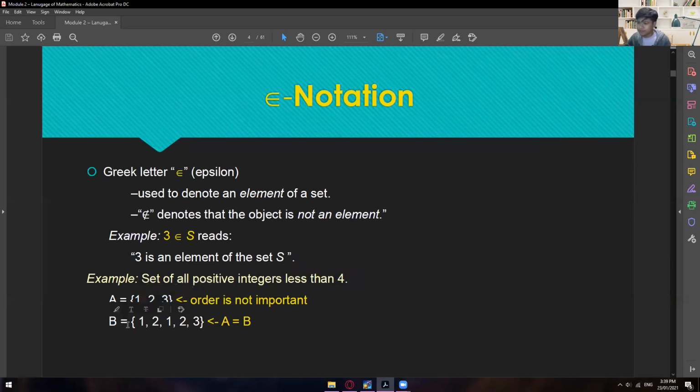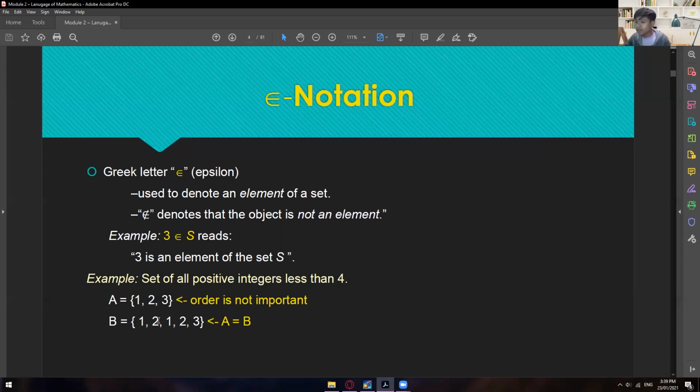We also have B, which follows the same restriction of positive integers less than 4. So we have 1, 2, 1, 2, 3. As you can see, all of the elements inside our set are not more than 4. And if you take a look at this, it says A is equal to B. Why is that? In set A, it is individually 1, 2, 3. But for B, it's 1, 2, 1, 2, 3.